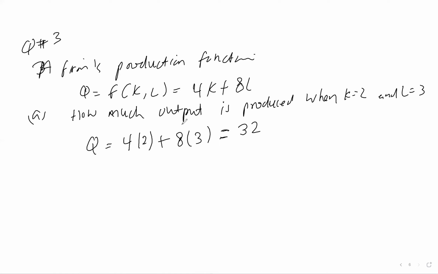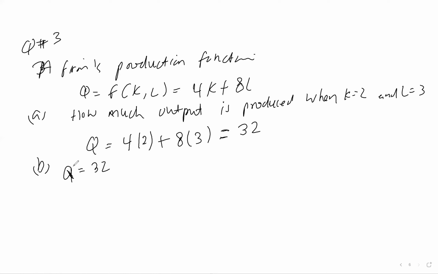So by giving this level of capital and labor inputs. For part B, the question is asking, if the wage rate is $60 per hour and the rental rate is $20 per hour, what is the cost minimizing input mix for producing Q equal to 32? It's a very similar question to the one before.